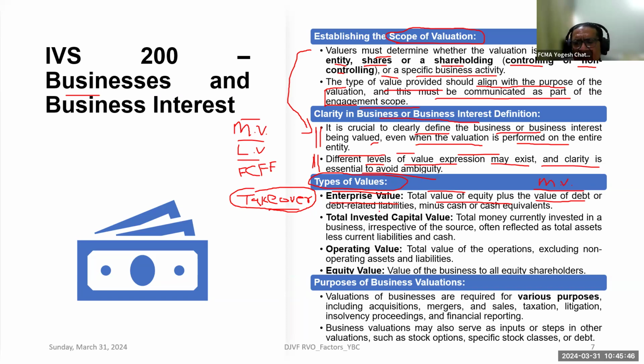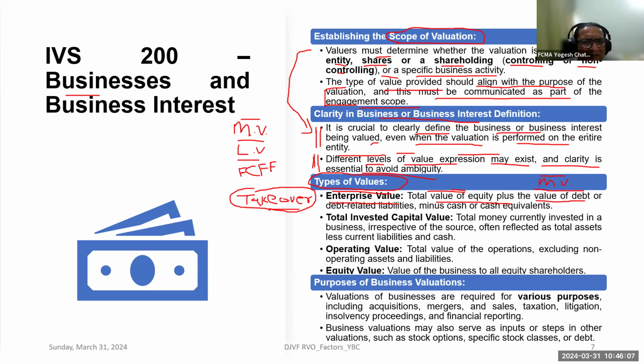Very important: market value of debt. According to me, determination of the market value of debt is more challenging as compared to the determination of value of equity, because the valuation of a debt security is always more complex.